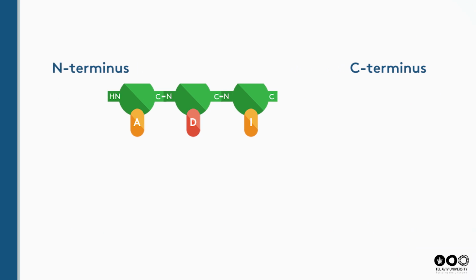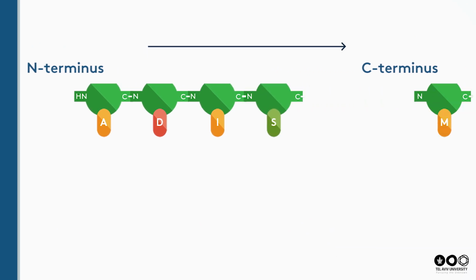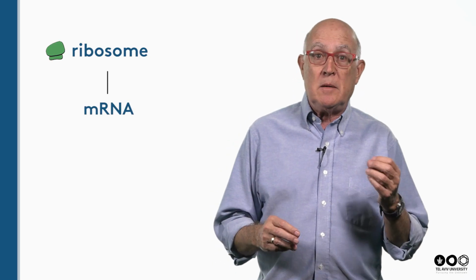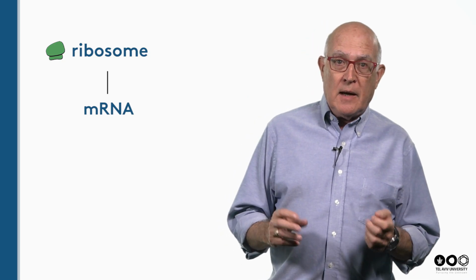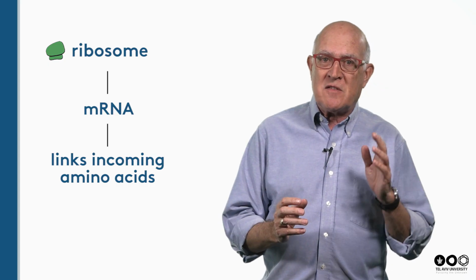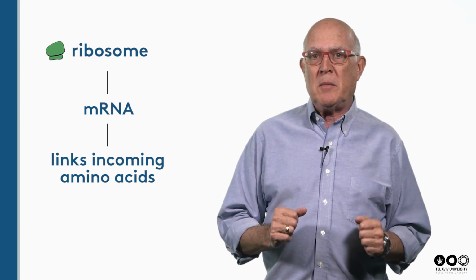Polymerization of proteins proceeds by adding incoming monomers always to the C terminus. Synthesis of proteins is done by the ribosome, which systematically reads the instructions coded for in messenger RNA, and then, one by one, links incoming amino acids to the C terminus of the protein being made.